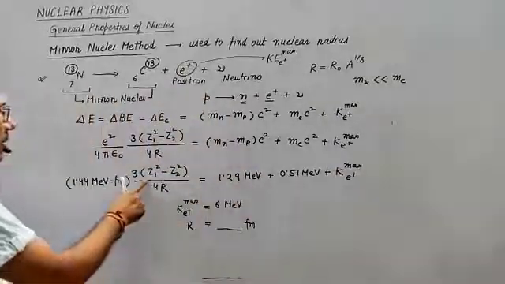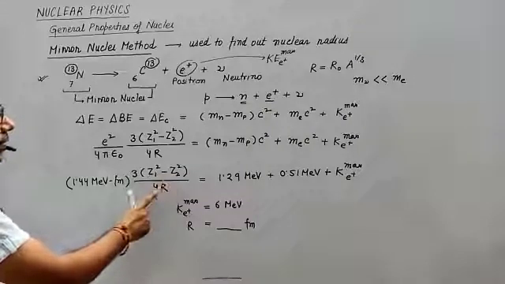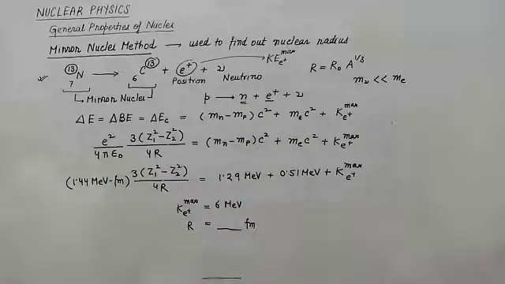Substitute that value here, substitute the values of Z1 and Z2, and you will find the value of R directly in Fermi.